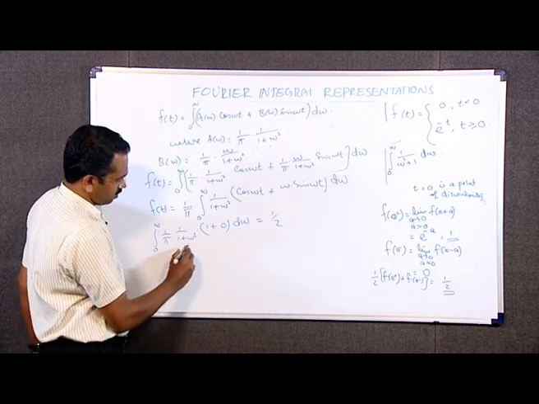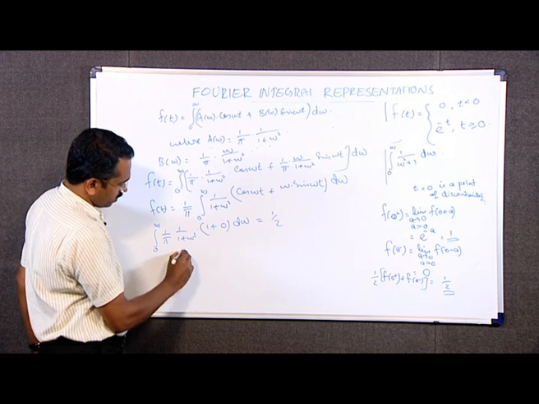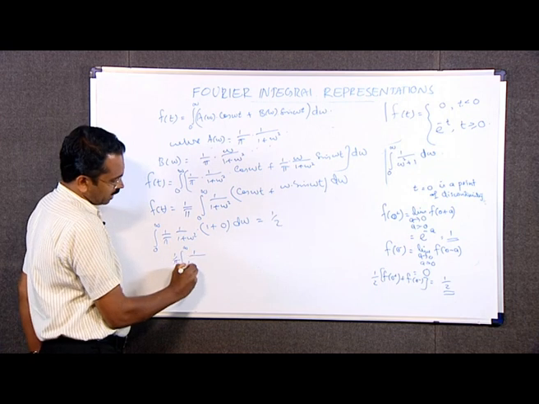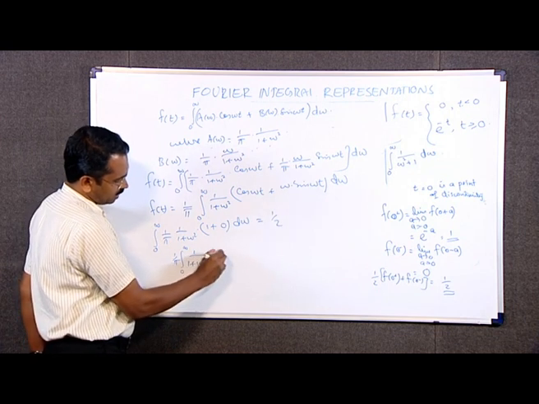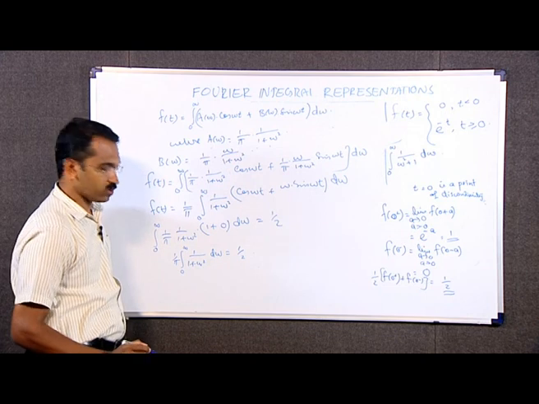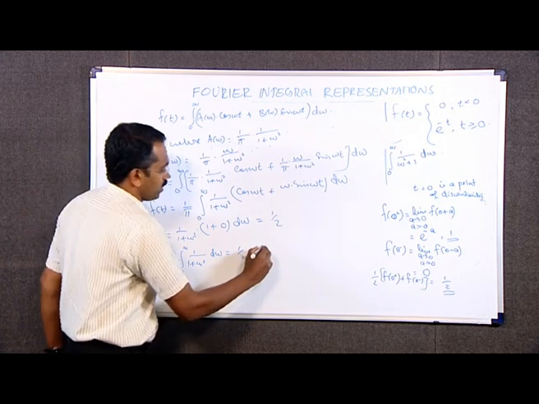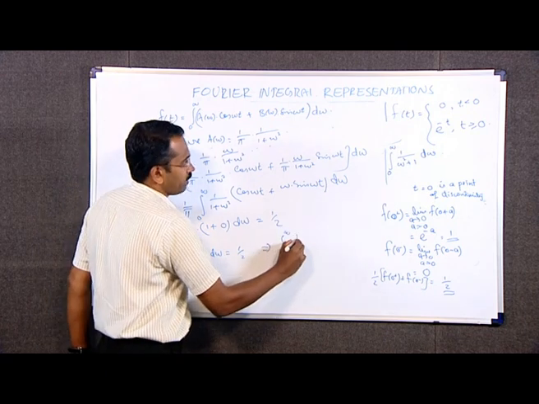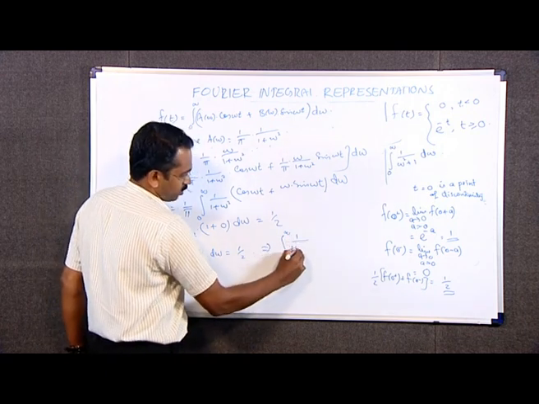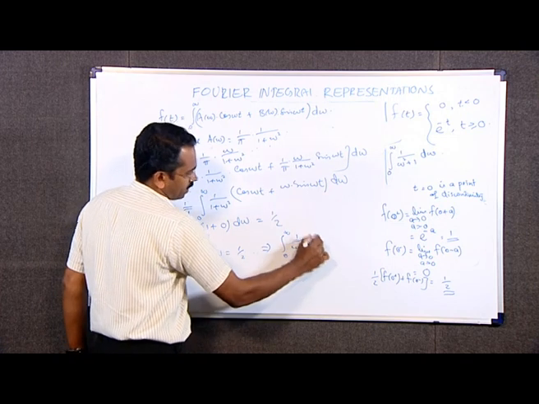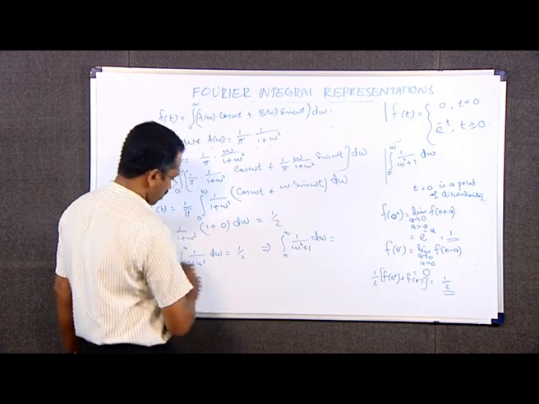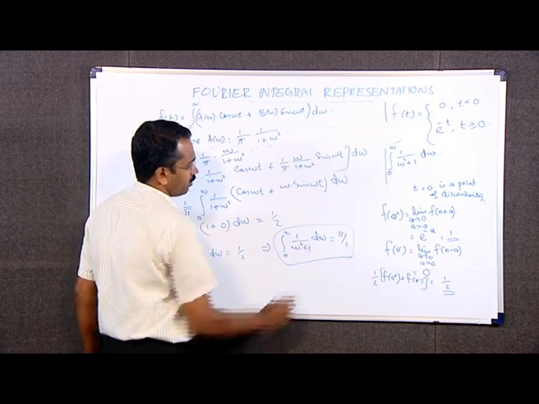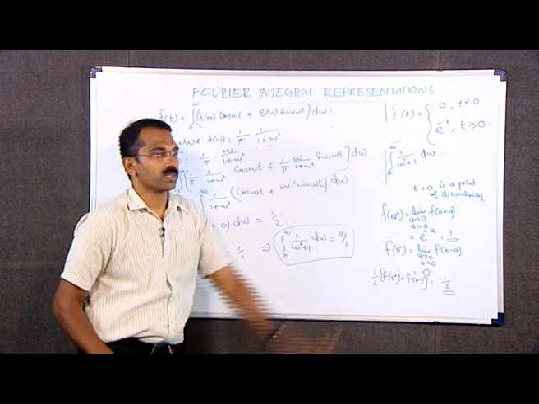That is, integral from 0 to infinity, 1 by pi can be taken outside, 1 by 1 plus omega square d omega is equal to 1 by 2. That means integral from 0 to infinity 1 by omega square plus 1 d omega is equal to pi by 2. This is the value of this integral.